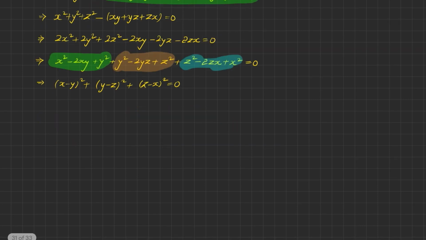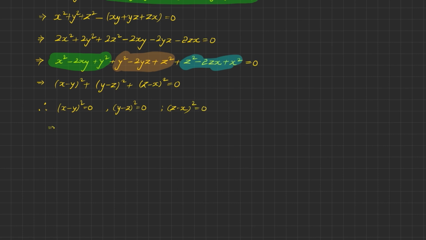Now in the left hand side, this particular term (x minus y) whole square is positive, because anything squared is always positive. So this is also positive, and this is also positive. If all the positive values are added and the total sum is 0, that means these individual terms are themselves 0. So we can write (x minus y) whole square equals 0, (y minus z) whole square equals 0, and (z minus x) whole square equals 0.